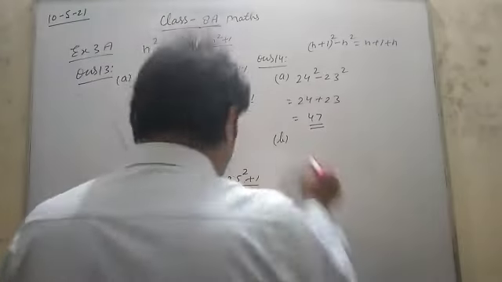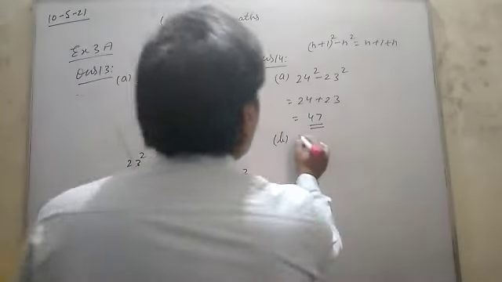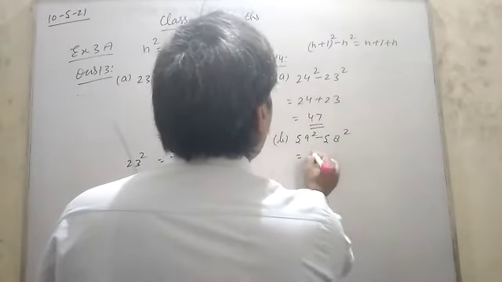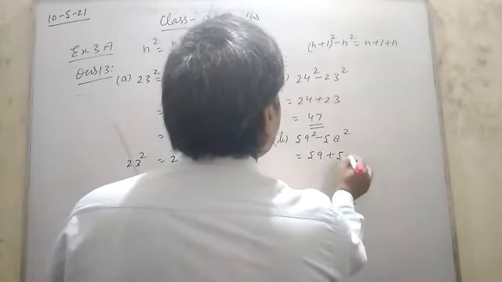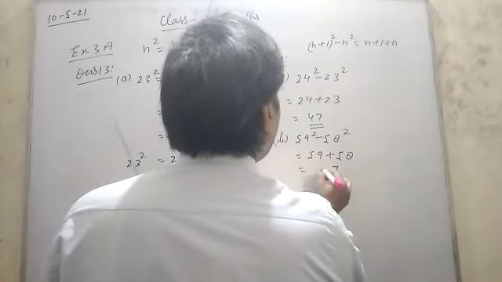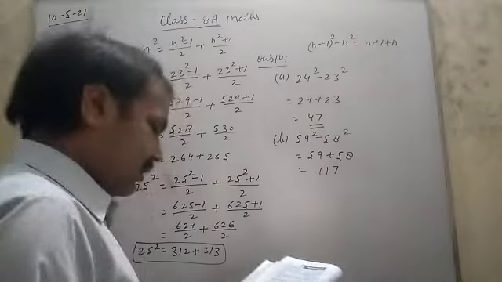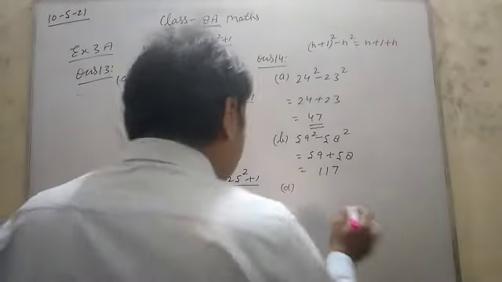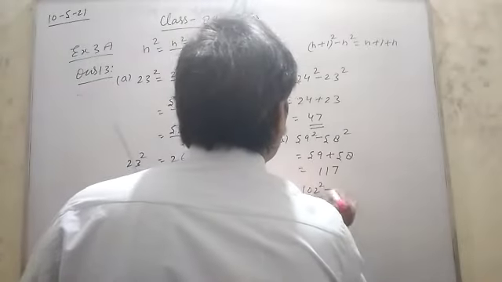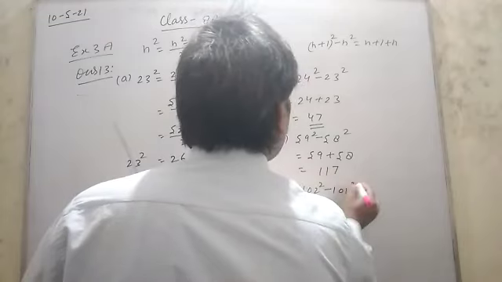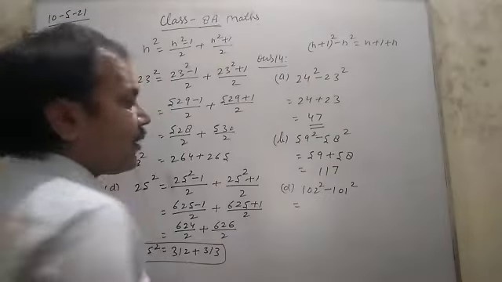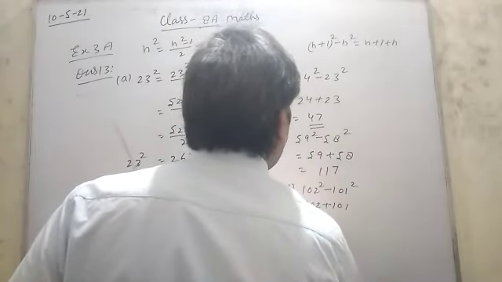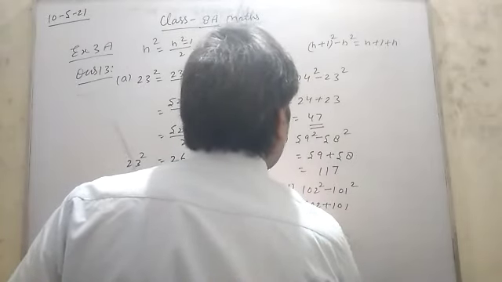Then part B, 59 square minus 58 square. So 59 plus 58, 117. Part D, 102 square minus 101 square. Then again apply the same. So 102 plus 101 equal to 203.